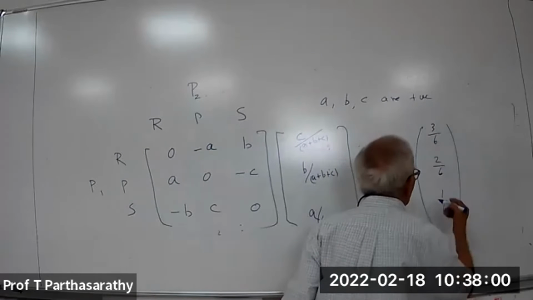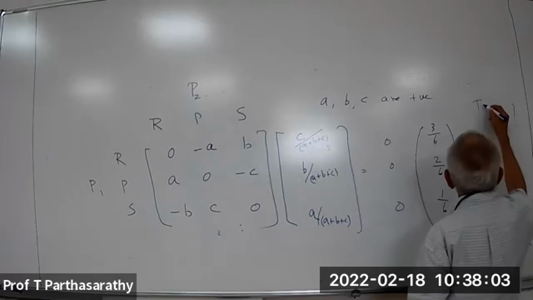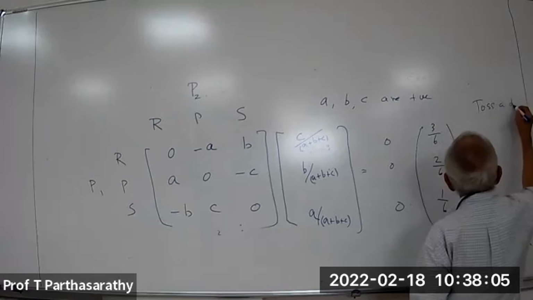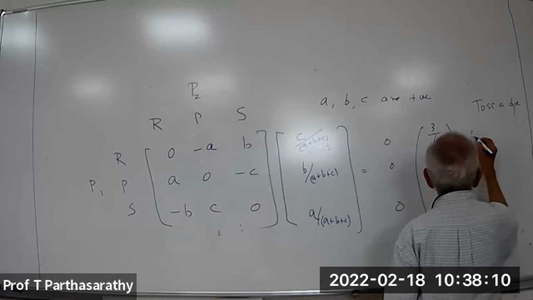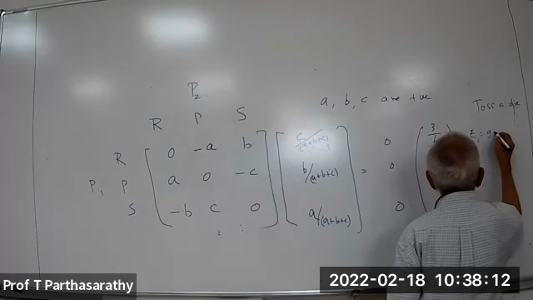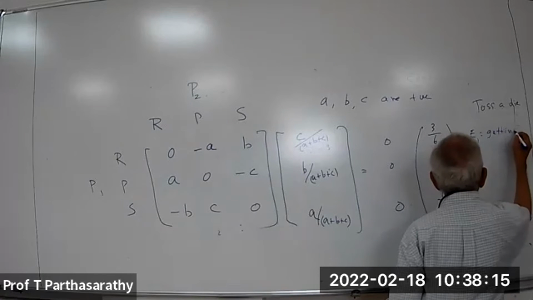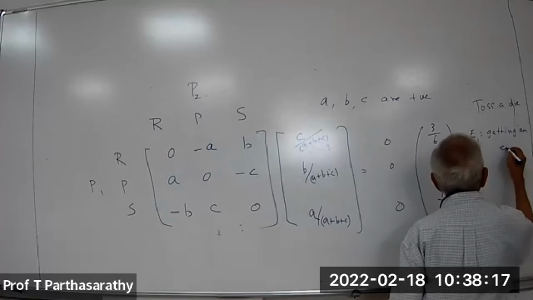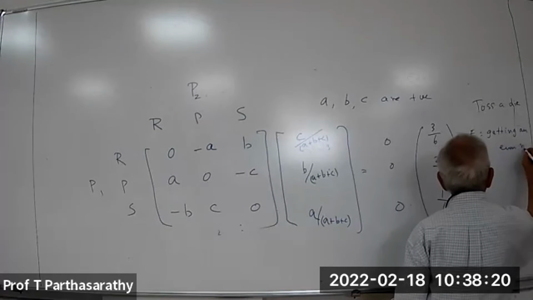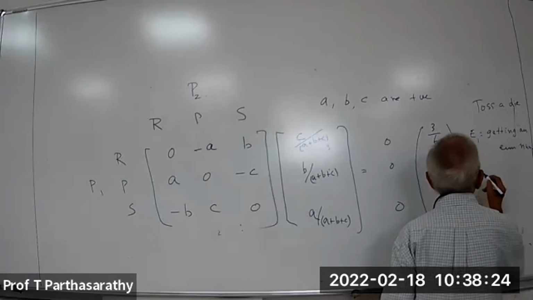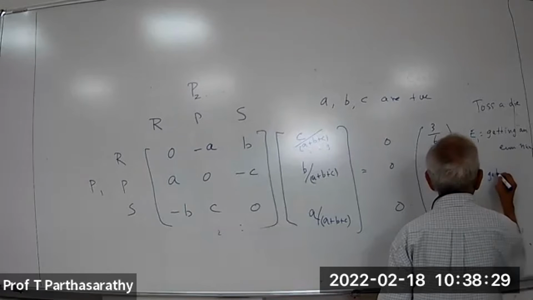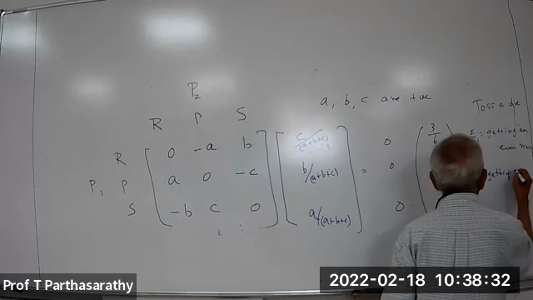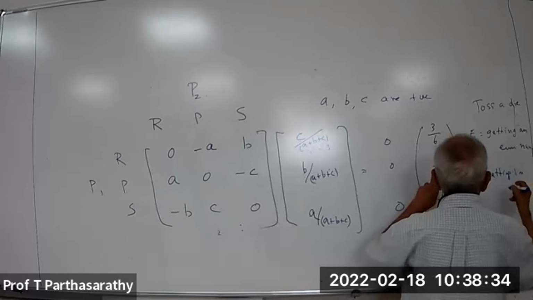What you do is, you take a die, toss a die. It has 6 faces. So I will say E1 is the event of getting an even number. E2 is, so here I have eliminated 2, 4, 6, getting 1 or 3.